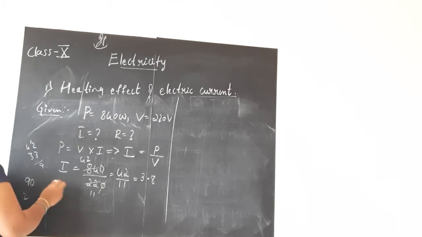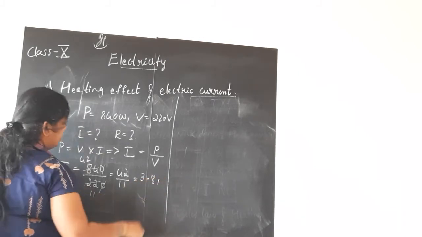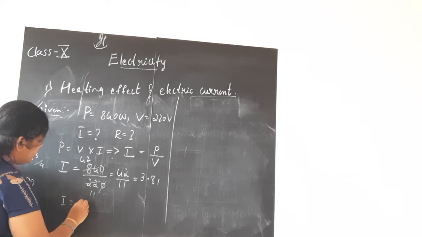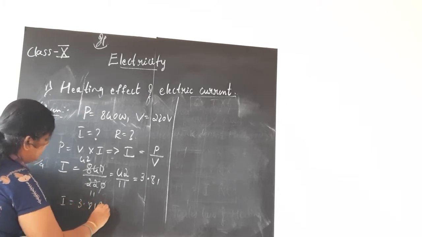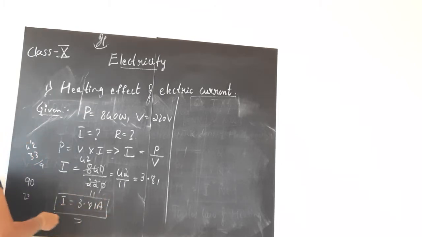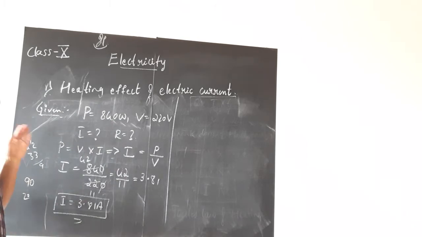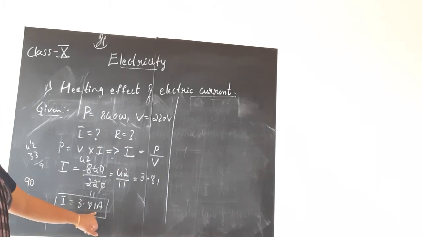The difference is 2. So I got 3.81. So the current we found is 3.81 ampere.